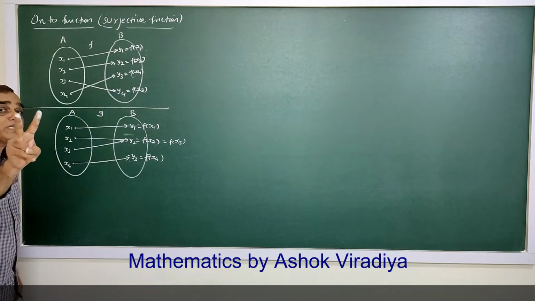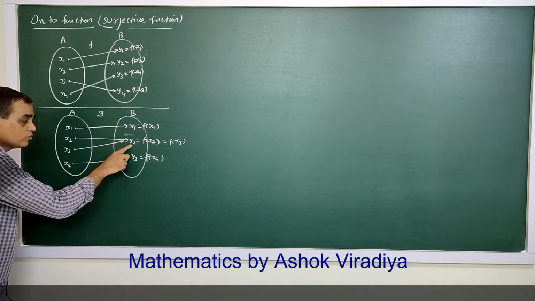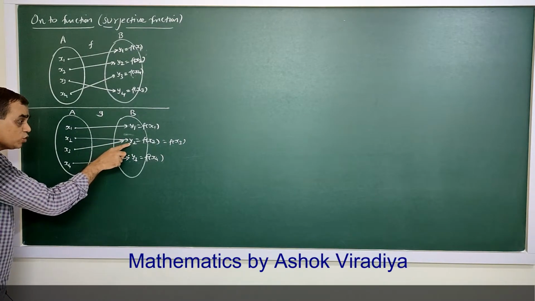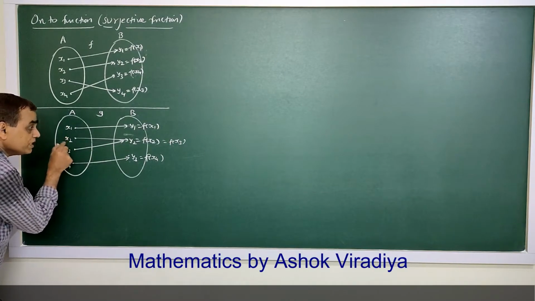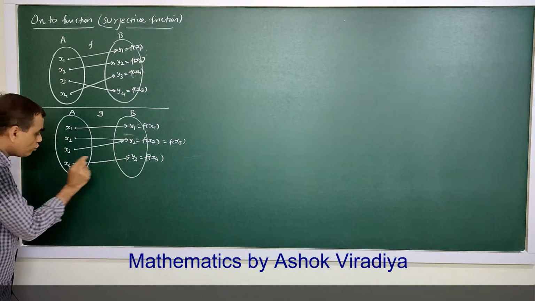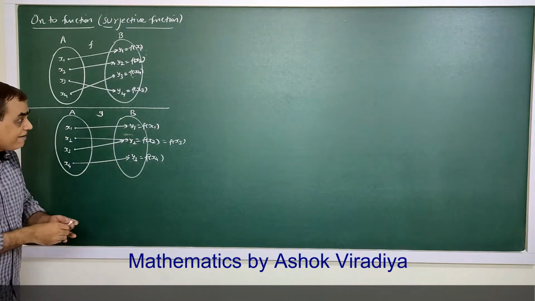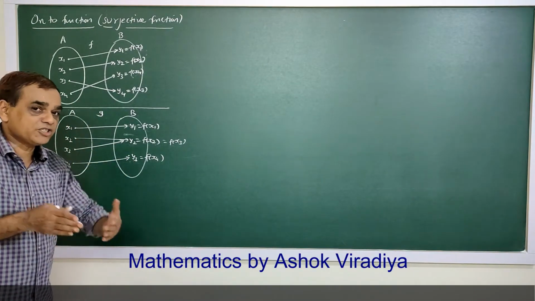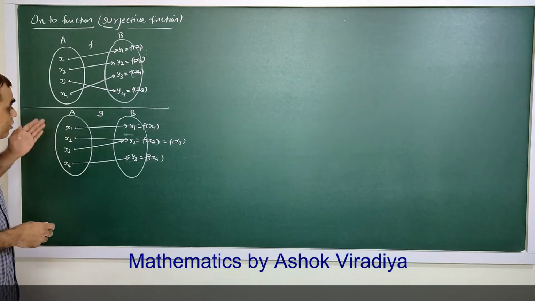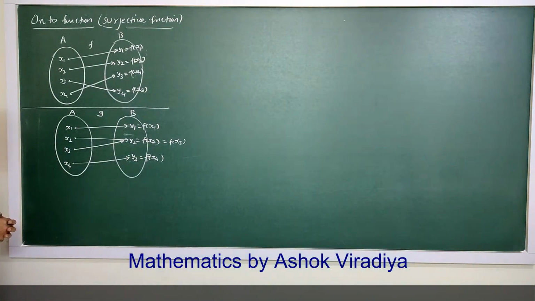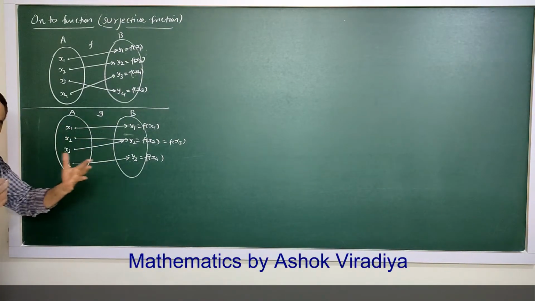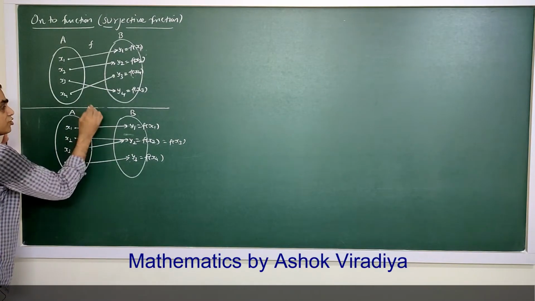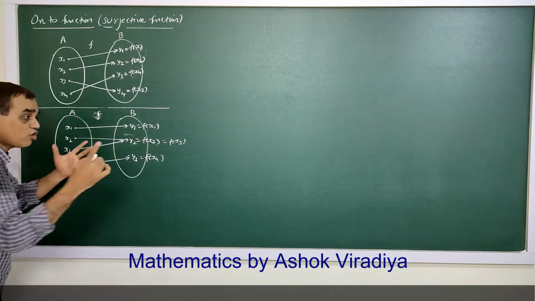There are two pre-images of y2. Pre-images of y2 are x2 and x3. Two pre-images. Pre-image of y3 is x4. That means every element of the codomain is the image of someone from the domain. So this function g is also onto. If I keep here function f, then this function f is onto.